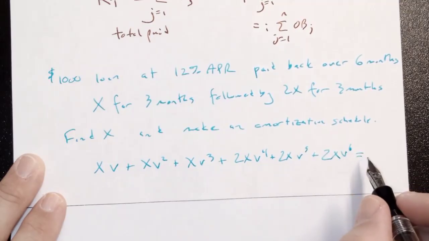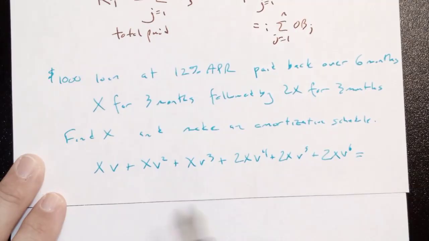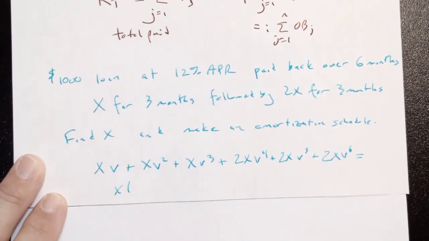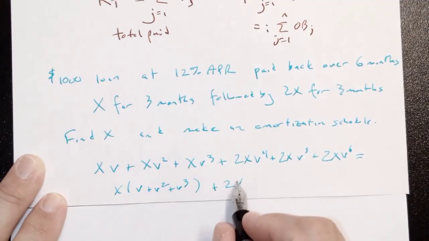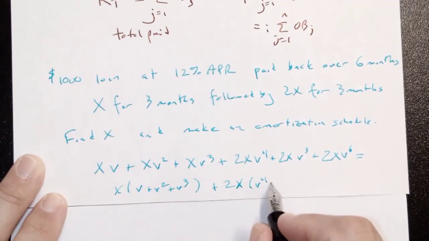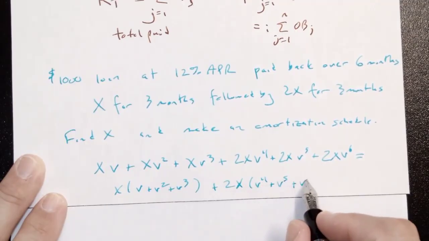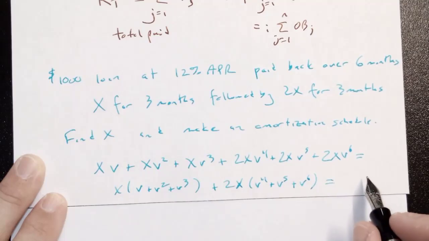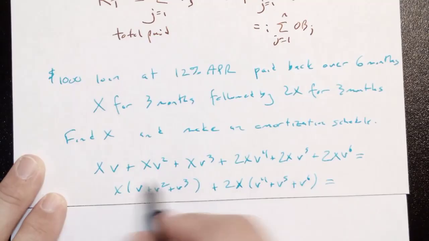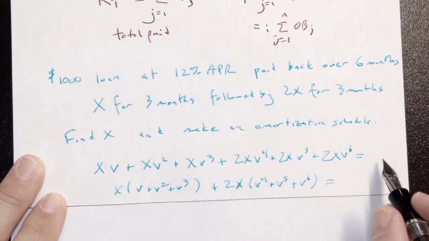When I said it like that, I'm taking the comment: okay, well, I'm fine with that, X, but you said V, V1, V2, and that's why I was confused. Oh, okay. So X times V plus V squared plus V cubed plus 2X, V to the fourth, V to the fifth, V to the sixth. What's that equal to, though? That's just an expression. What's that equal to?